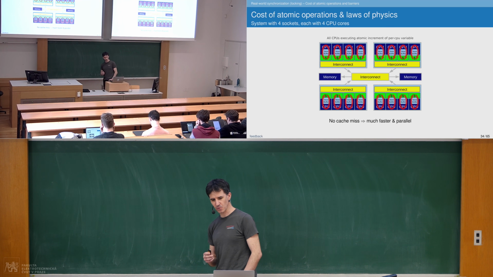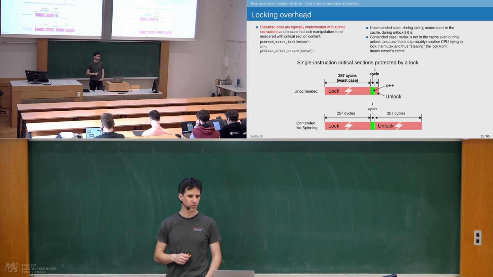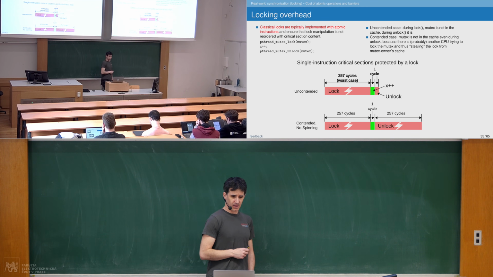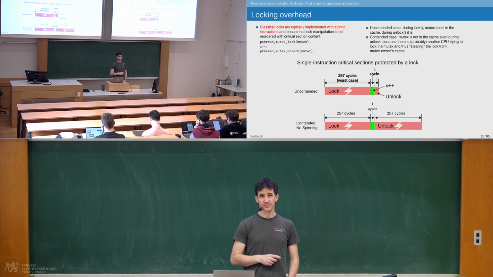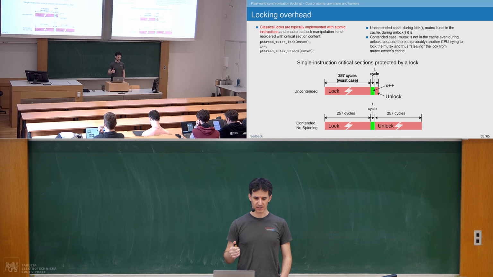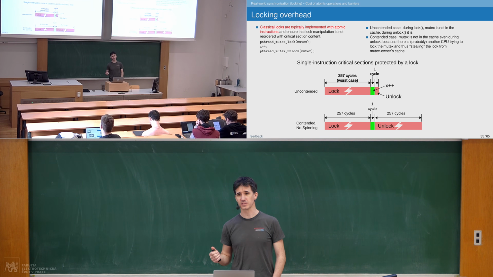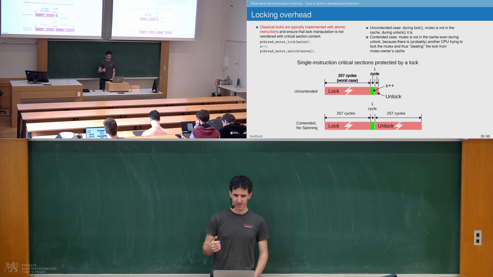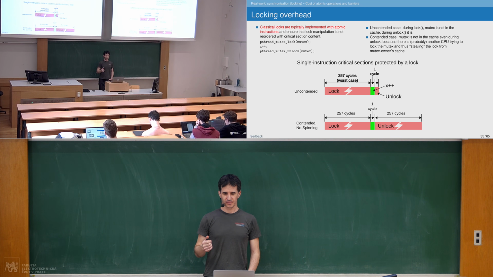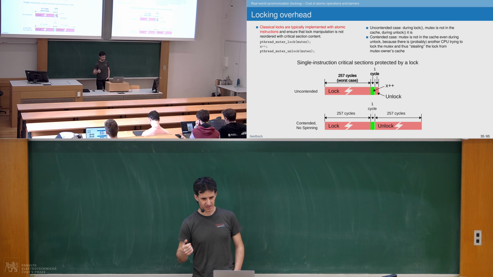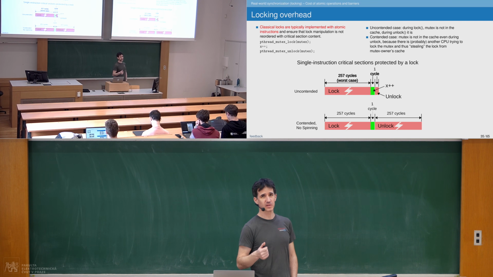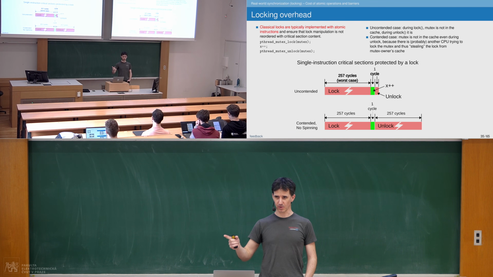Now let's look at the overhead of locking. So you already know that each lock somehow involves atomic operations. These atomic operations are involved in both lock and unlock operations.